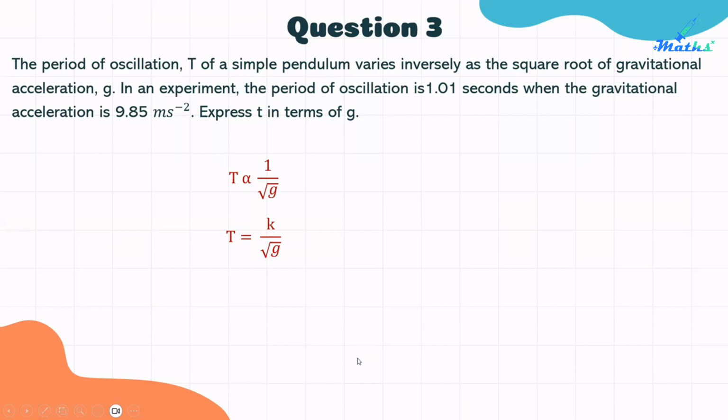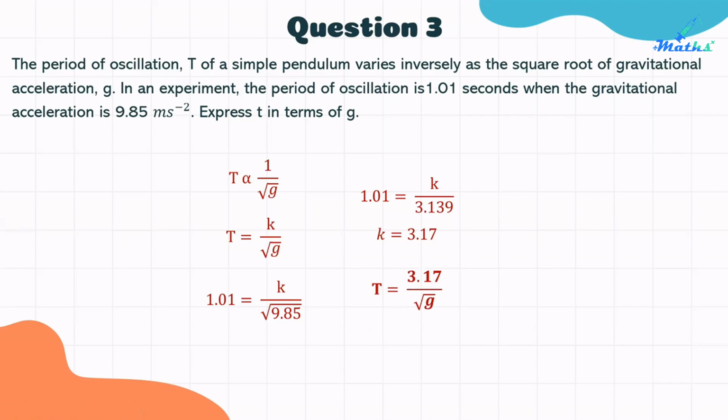Our T is 1.01 and our g is 9.85. Solving it, our k becomes 3.17. Expressing T in terms of g, T equals 3.17 over square root g.